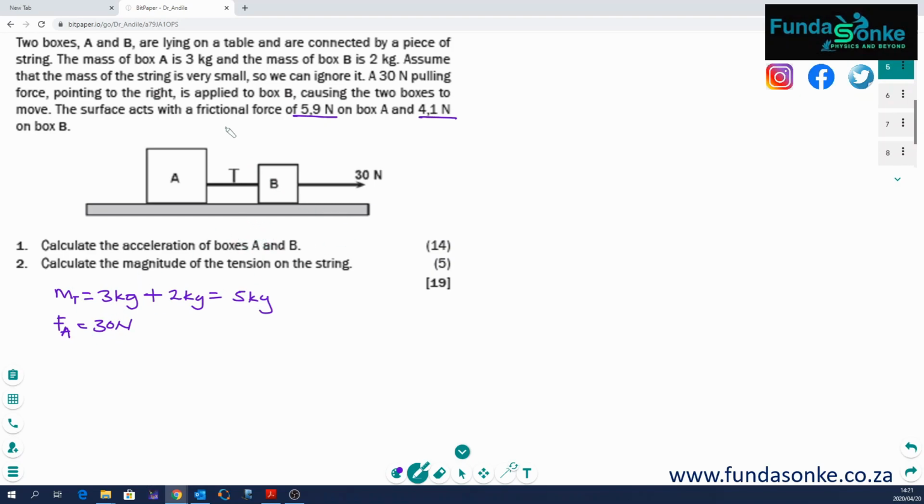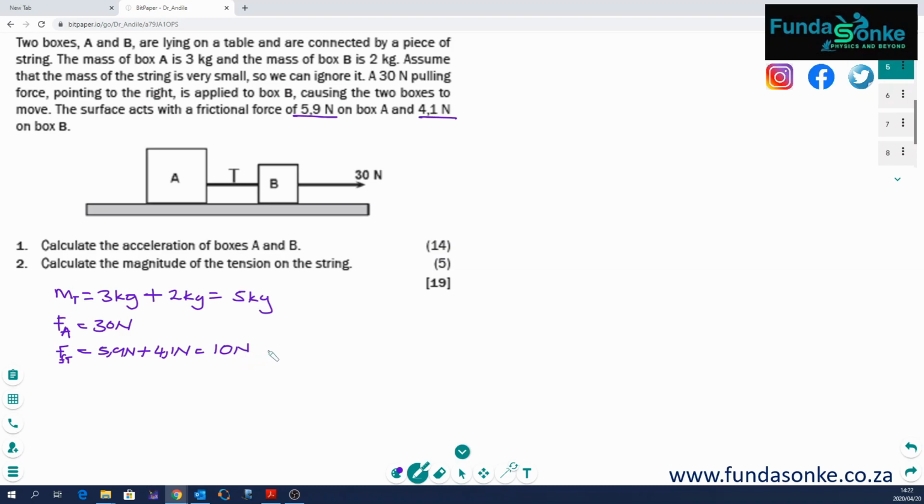Since this is now a complete unit, we can have a total frictional force, which we're going to call small f t, equal to the sum of the individual frictional forces, 5.9 newtons plus 4.1 newtons, and this will give us a total of 10 newtons.